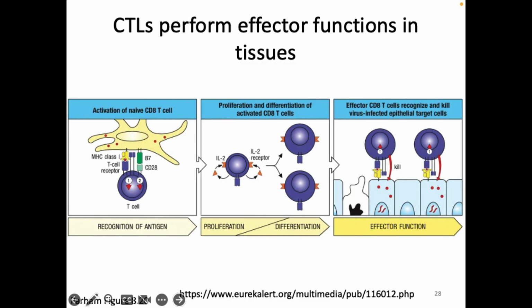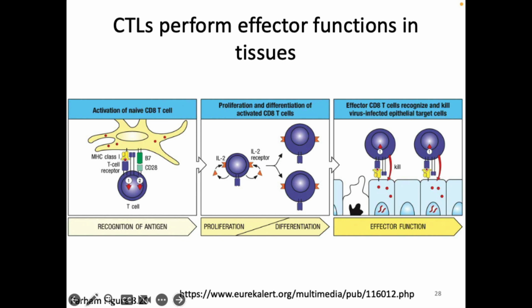Now this cell is going to be able to actually kill when it sees MHC. You can also notice it doesn't even need signal 2 anymore. It just needs MHC. So this type of cell is known as a cytotoxic T lymphocyte, where this cell is going to be able to interact with those infected cells and kill them.